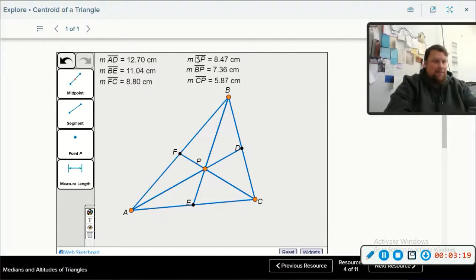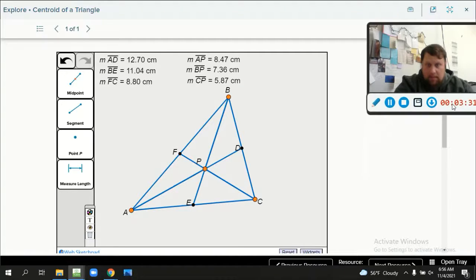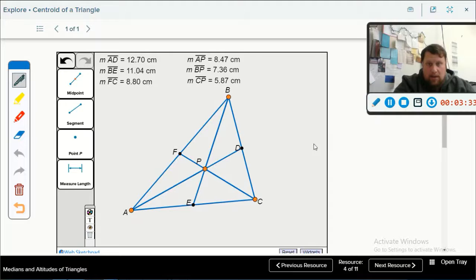Here's what we are going to do. I want to take AP, which is 8.47, and divide it by AD, which is 12.70.